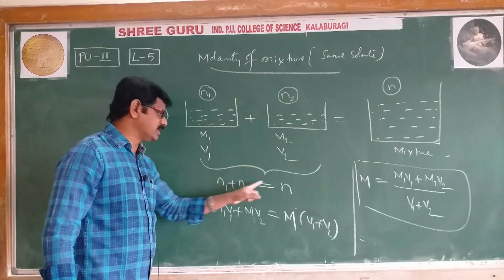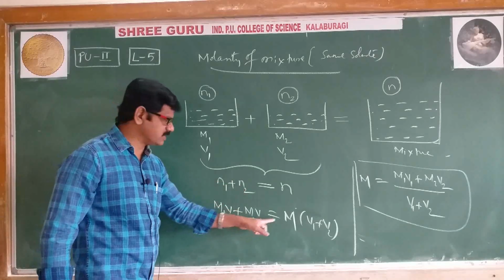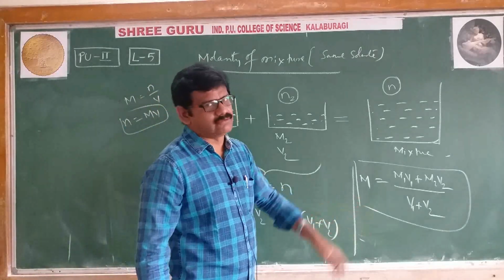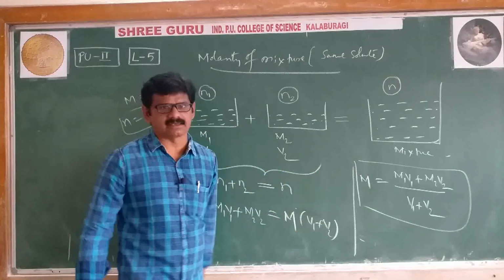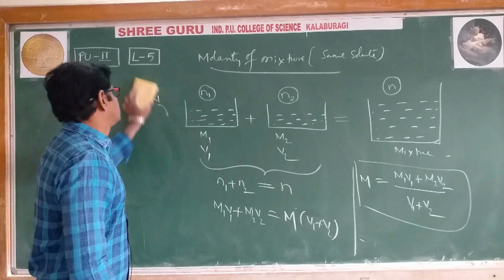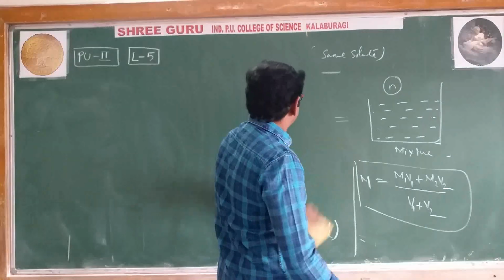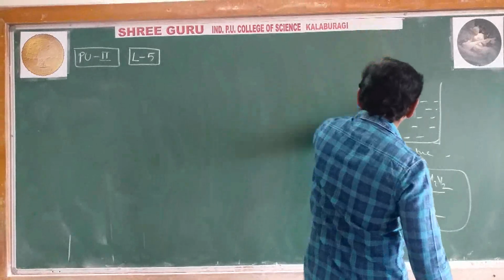Therefore, N1 plus N2 is equal to N, that is, M1 V1 plus M2 V2 is equal to M into V1 plus V2. From that we have calculated M. Based on this formula, we will solve some questions on the molarity of a mixture.